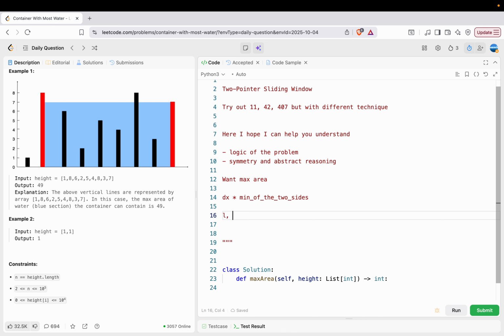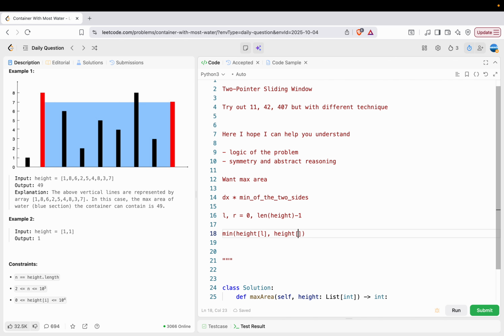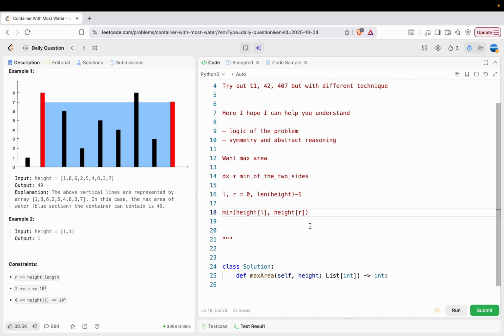So you can put two pointers L and R at the two ends. For sure dx is maximized, but the two corresponding heights might not be that good, right? Because you want to multiply by the height at L and height at R, so the minimum of those, right?